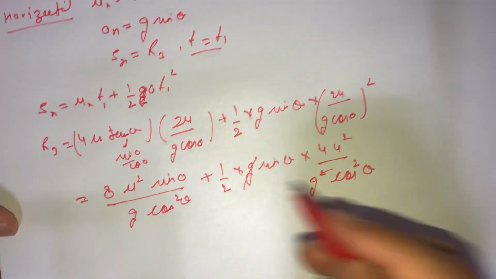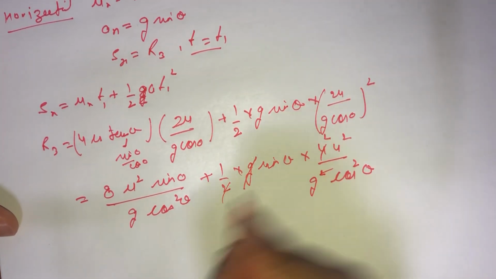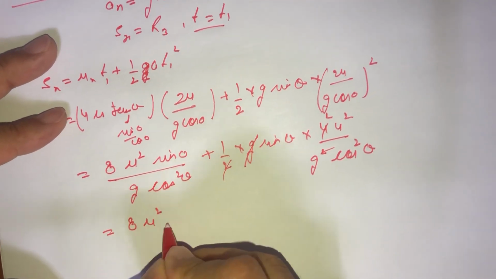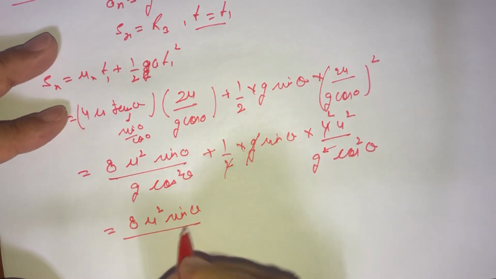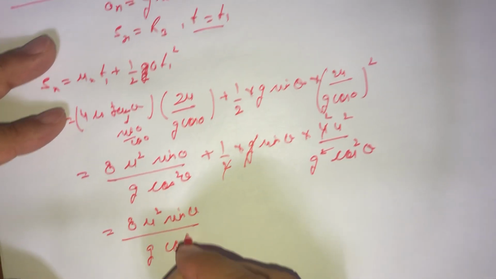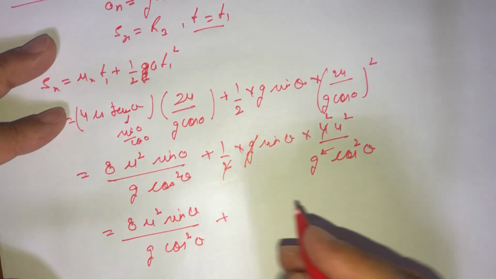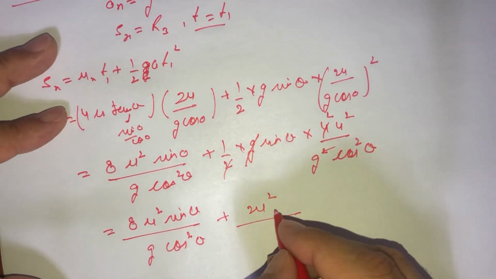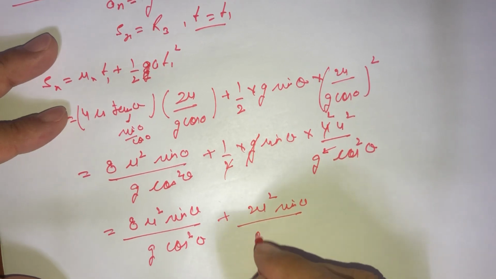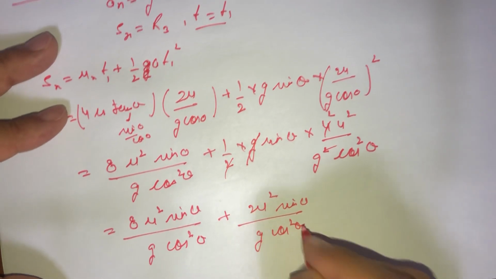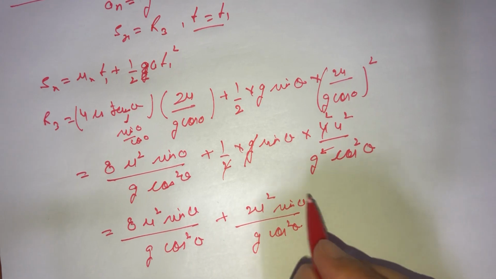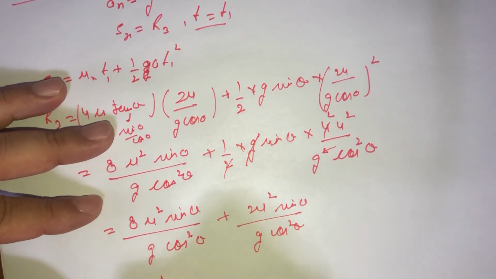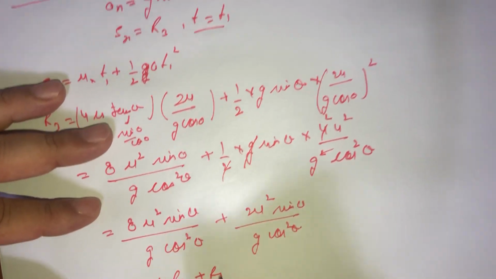The square cancels with g, this comes 2, so we are left with 8u square sin theta divided by g cos square theta, plus 2u square sin theta divided by g cos square theta. And we know that 2u square sin theta over g cos square theta is nothing but our R1. So we can write this as 4R1 plus R1.